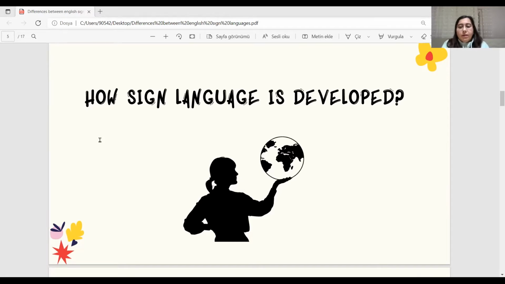Despite the geographical distance, they bear resemblance due to the introduction of the methodical sign system produced in France during the 18th century. Laurent Clerc, a French teacher who was deaf, shared this system with American deaf communities and created a new education system named the American School for the Deaf.